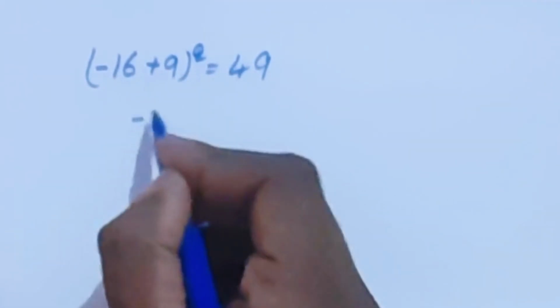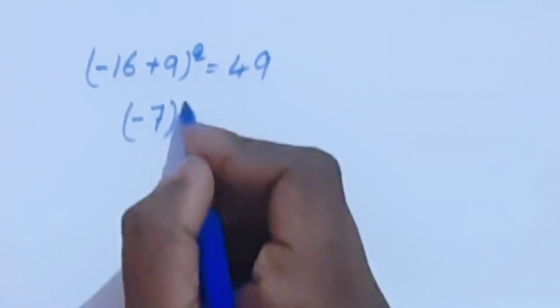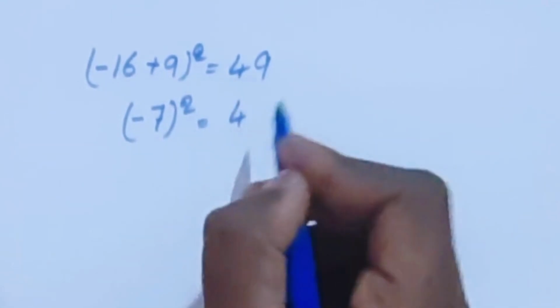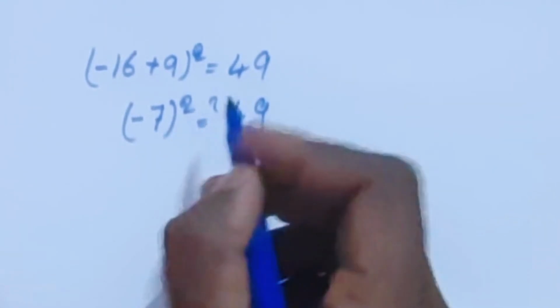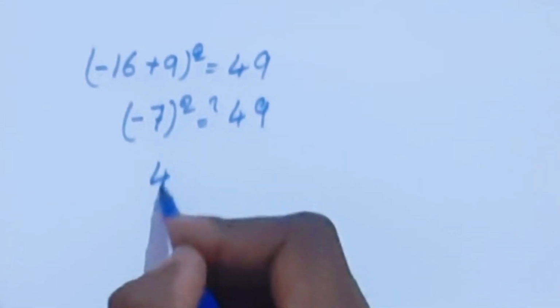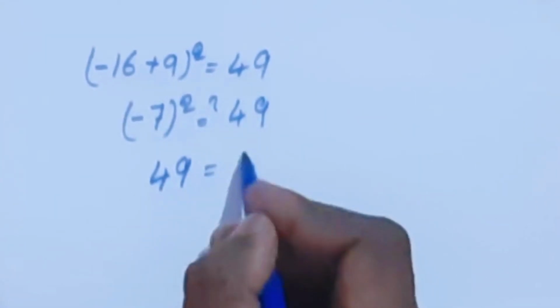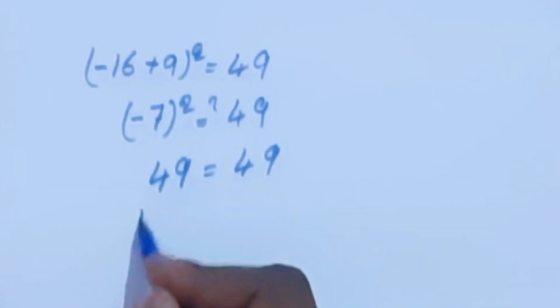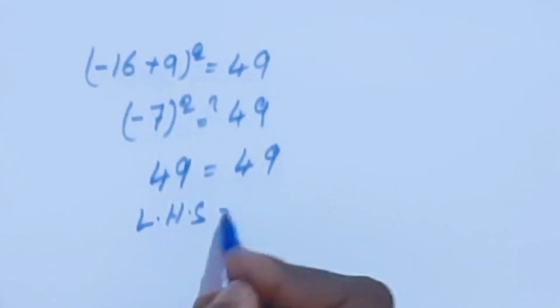This is (-7)^2 equal to 49. Now this negative 7 squared is 49, equal to 49. So LHS equal to RHS. Here also verified.